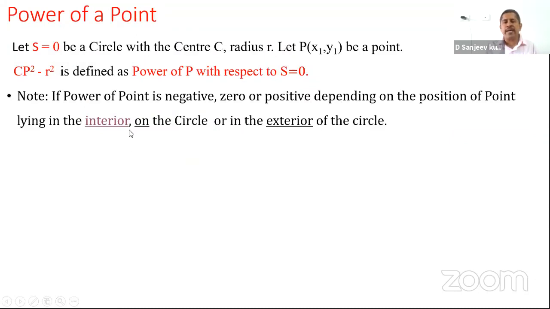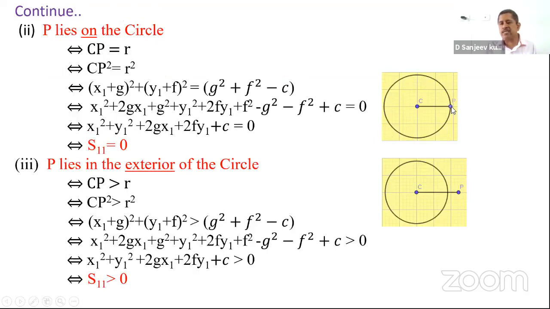Now, if the point is on the circle, the power of the point is 0. When the point is on the circle, CP² − R² is going to be 0.